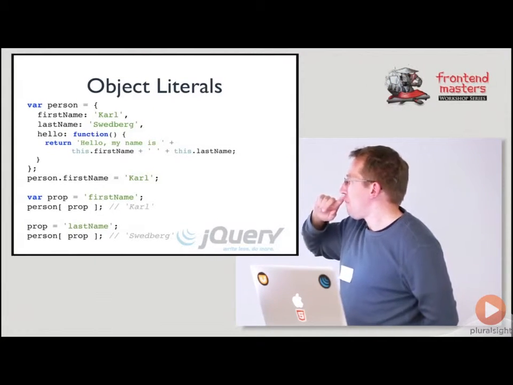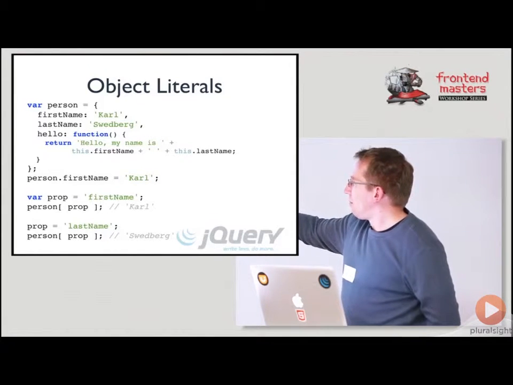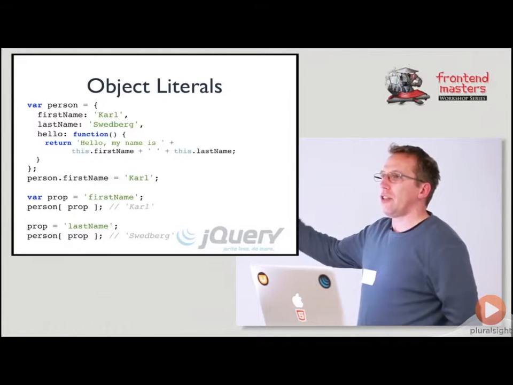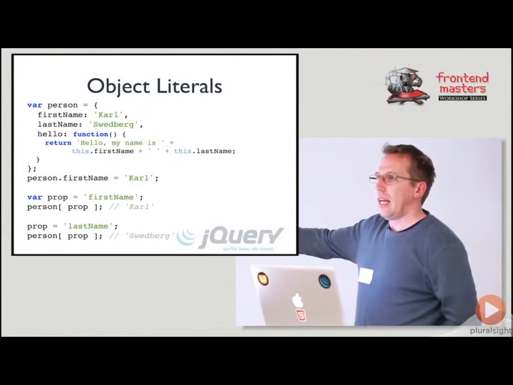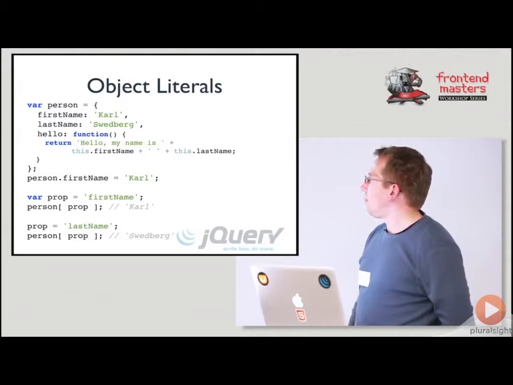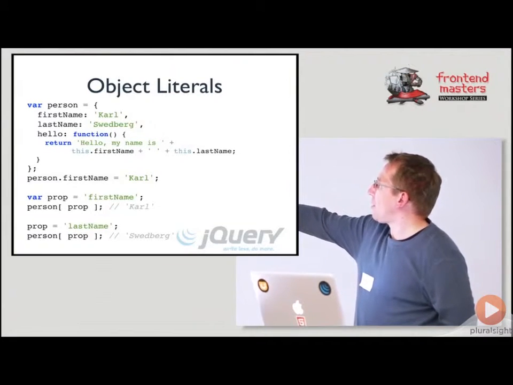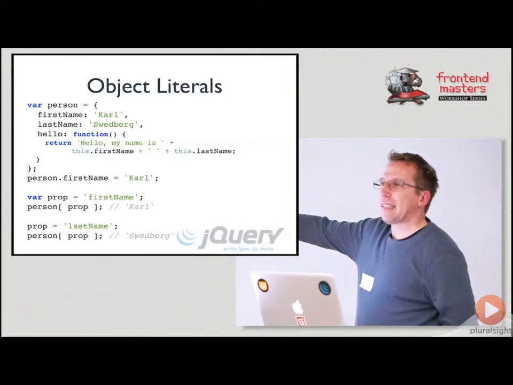So you have this variable, and you just plug it into the array notation. First prop is first name, and then I change it to last name.